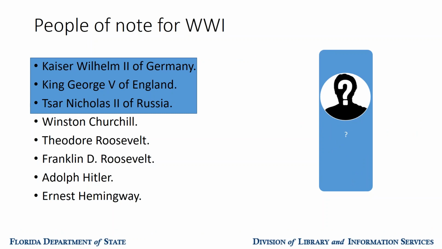First and foremost, you sit down and you start noting people in your head associated with World War I. So we've got Kaiser Wilhelm of Germany, we've got King George V of England, and we've got Tsar Nikolai of Russia, all three of whom were monarchs at the time from the major nations involved in the beginning of World War I. The other benefit of using these three is that they all just happen to be cousins to each other, and if we're circling back, because we've already hung a lesson off of her, they're all descendants of Queen Victoria.